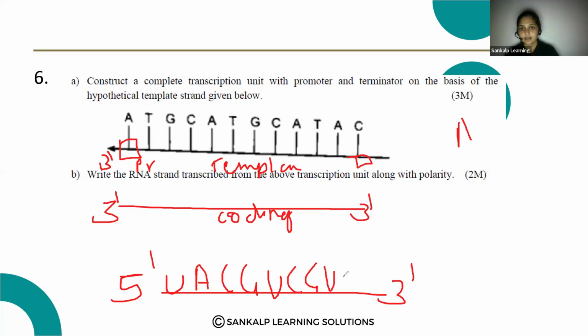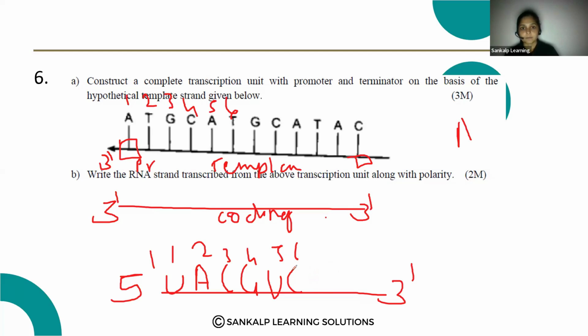Then adenine binds with thymine here, and that binds with adenine. Then adenine. I will give the numbers like this: 1, 2, 3, 4, 5, 6.